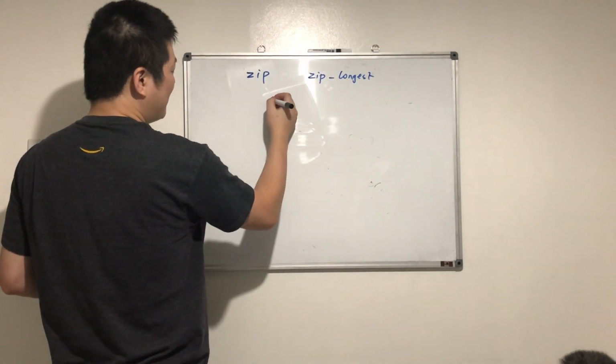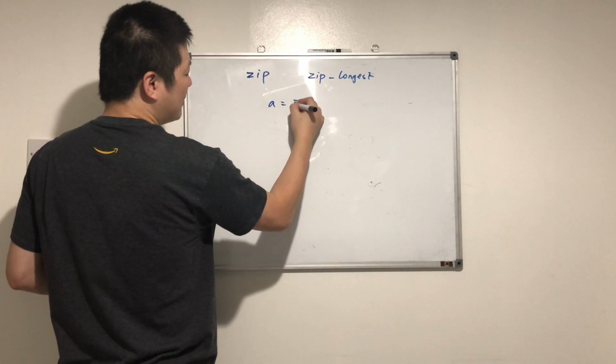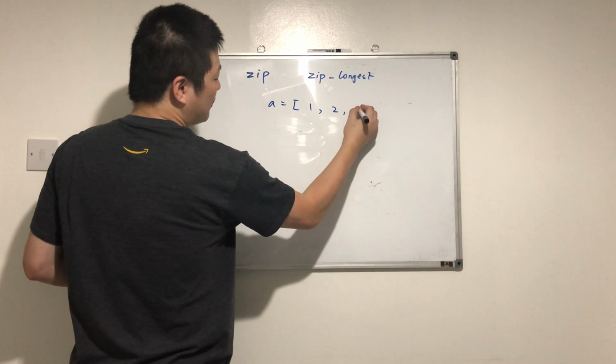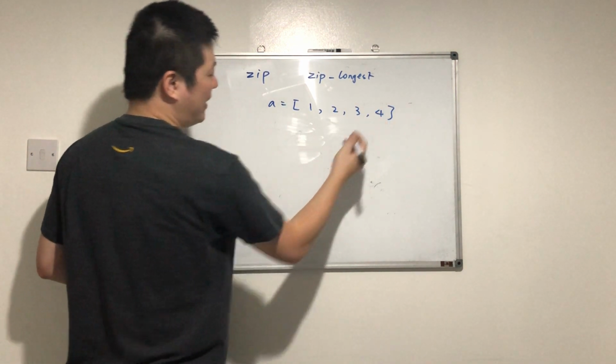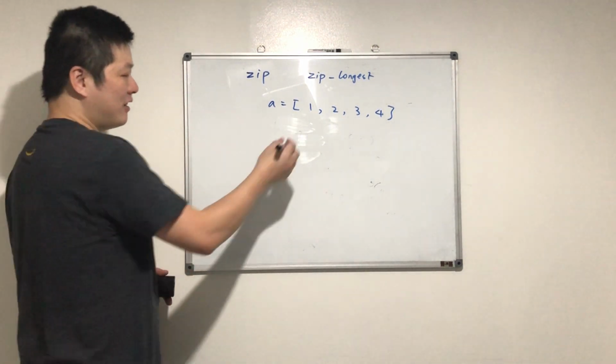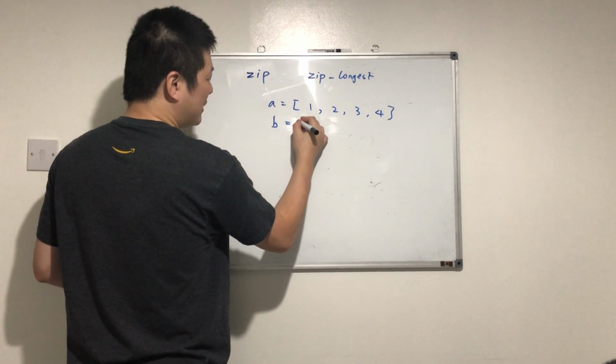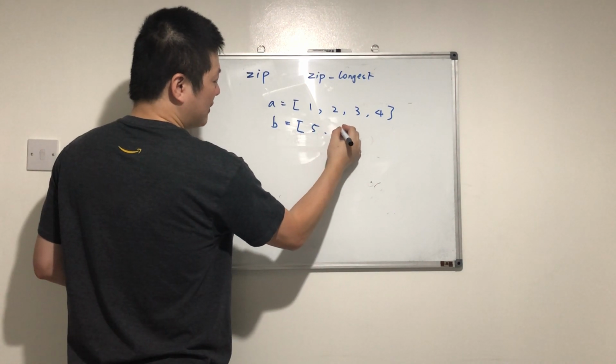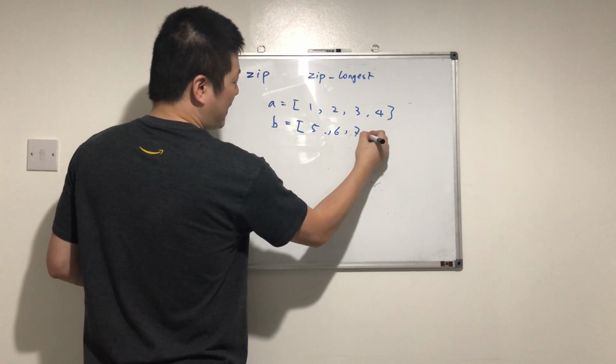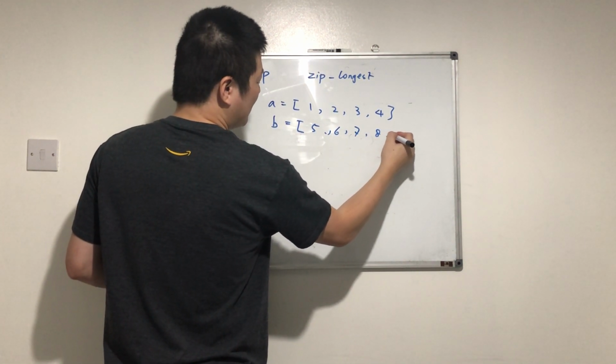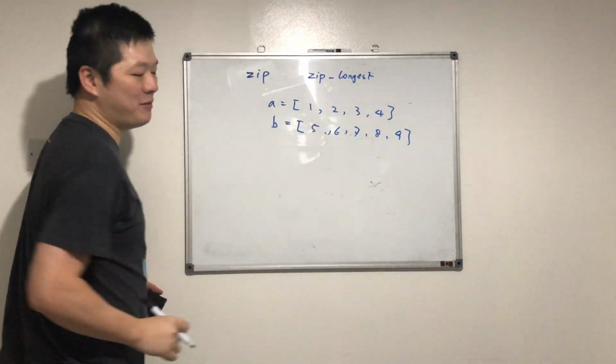So what's zip? Let's see. If A is 1, 2, 3, 4, a list, and then B equals 5, 6, 7, 8, 9. Okay, let's add one more element.